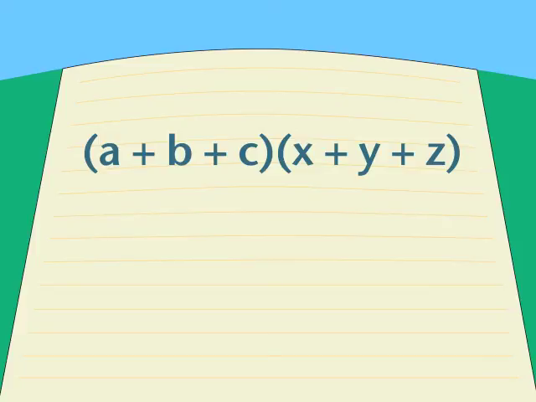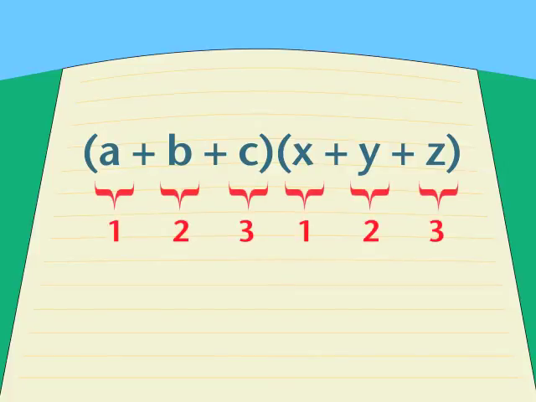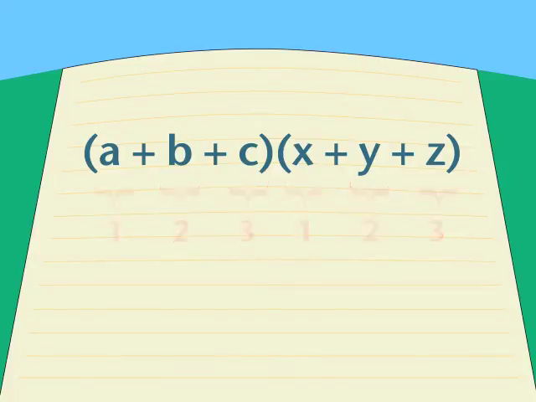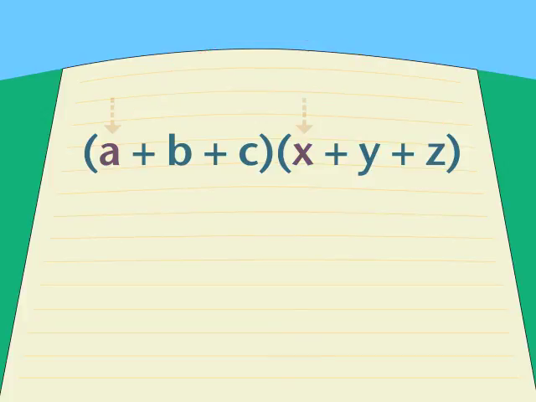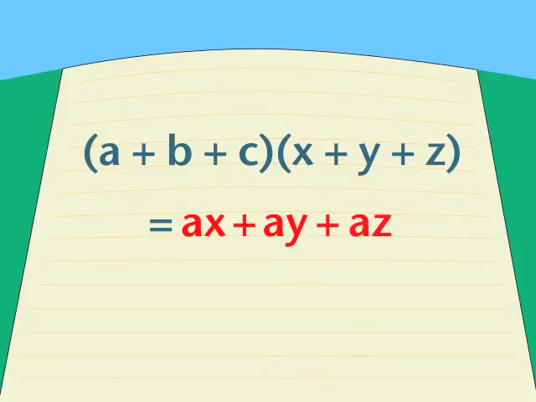How about this problem? 3 terms times 3 terms. What do we do? Exactly the same pattern we've used in every other case. Multiply the first term in the first brackets times every term in the second brackets. And the second term times every term in the second brackets.